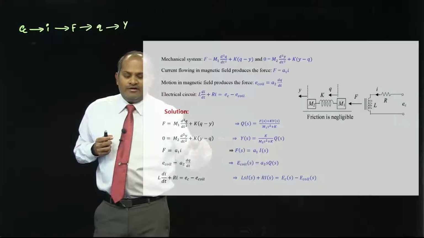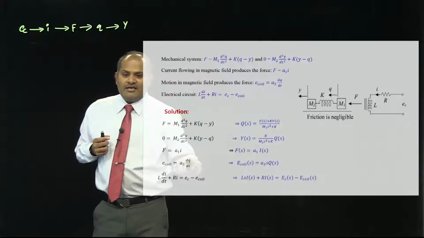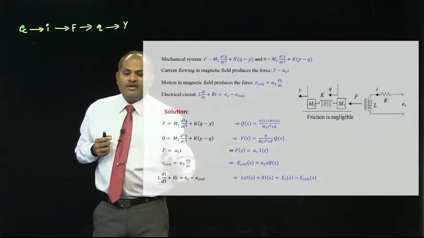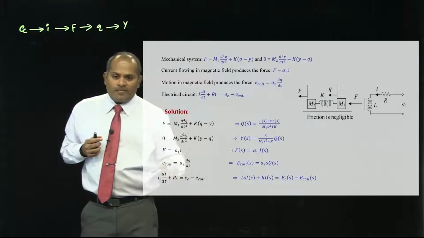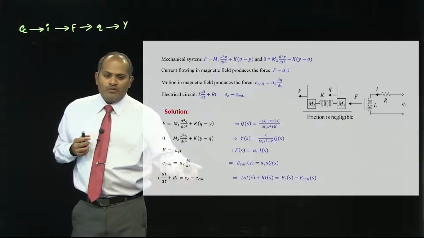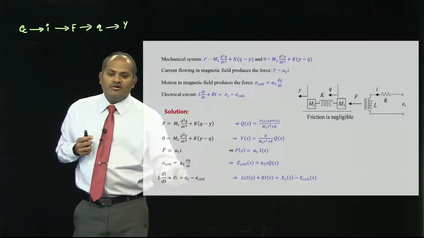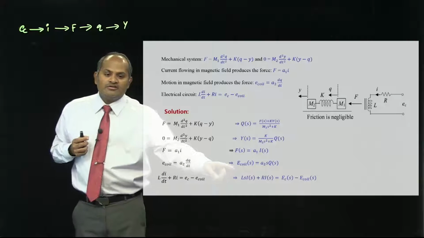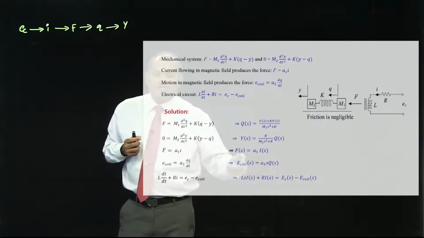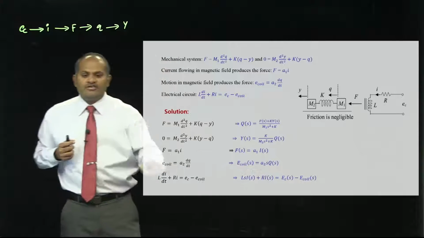So, you have to understand E coil voltage is the feedback. In the feedback, output acts as input, and that is the only place where we see feedback. So, E coil is equal to A2 dq by dt, E coil is equal to A2 s Q of s. So, write it as input. So, this is the only equation.